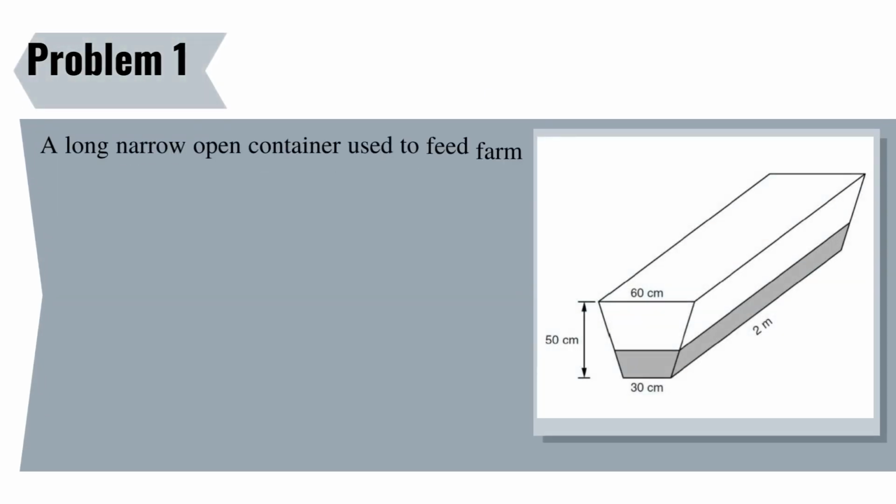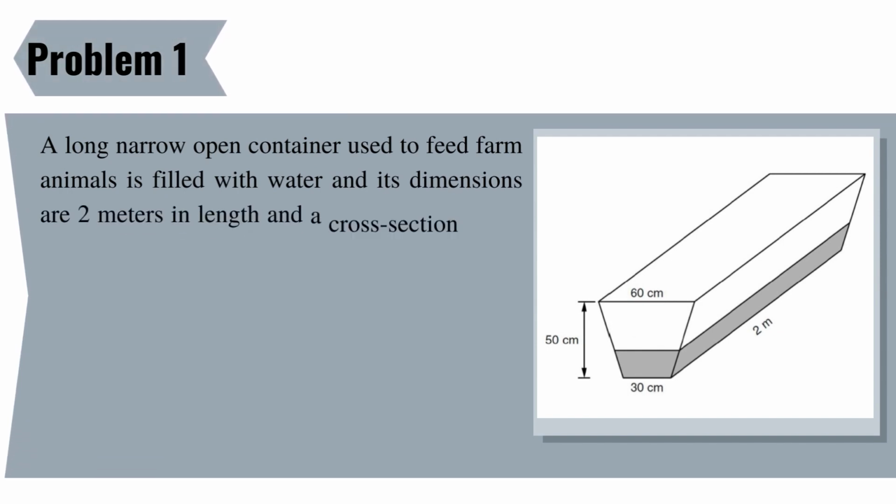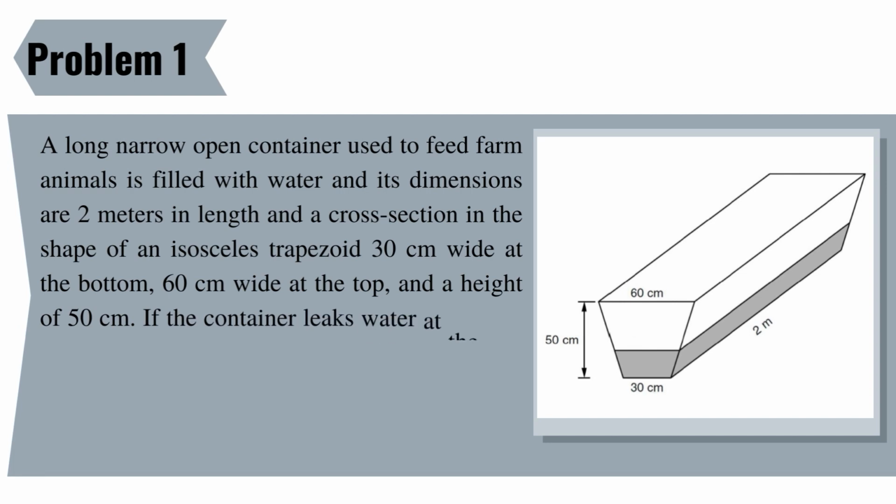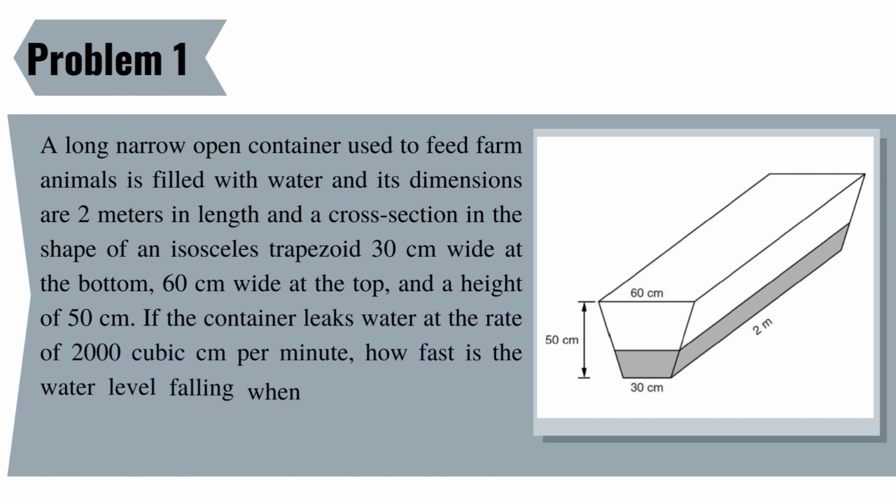First example of the situational problem. A long, narrow open container used to feed farm animals is filled with water, and its dimensions are 2 meters in length and a cross-section in the shape of an isosceles trapezoid, 30 centimeters wide at the bottom, 60 centimeters wide at the top, and height of 50 centimeters.